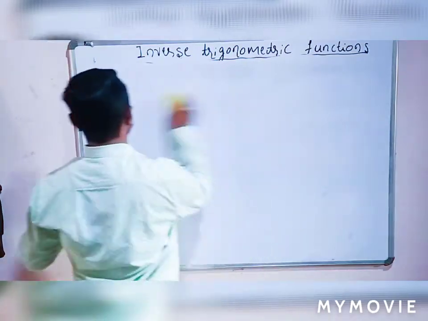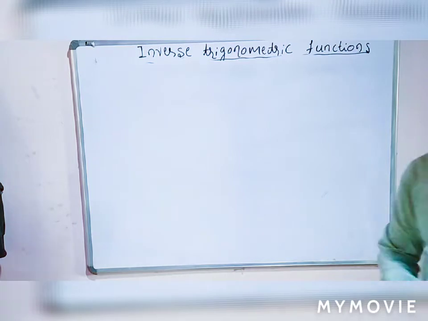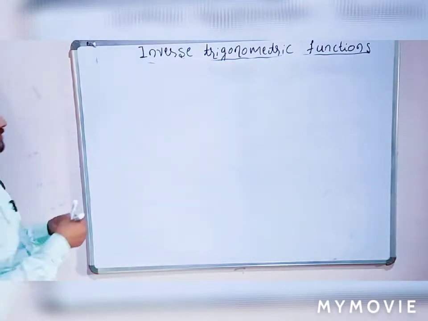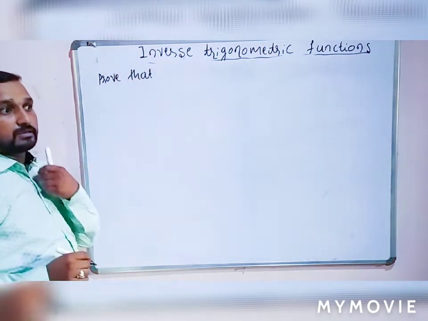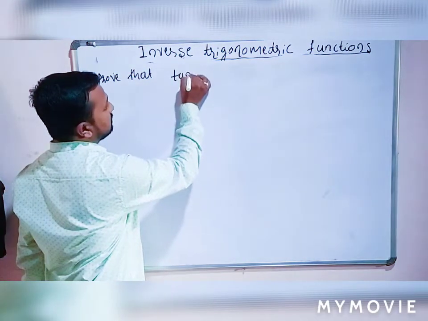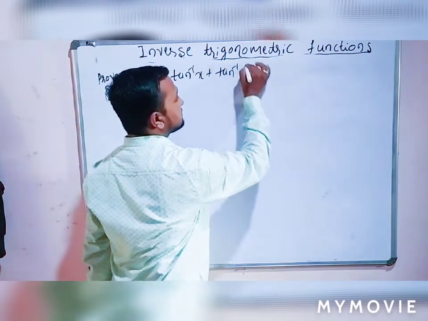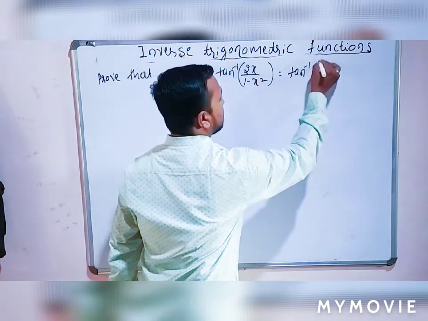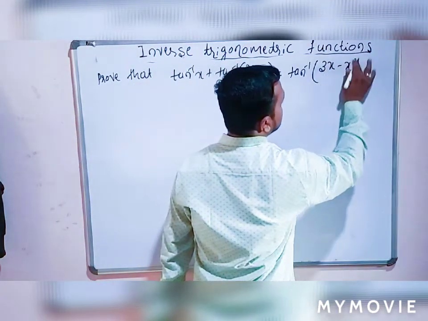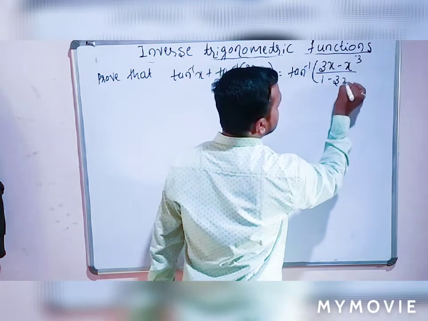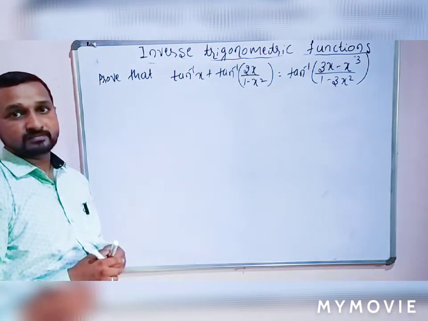Next example: prove that tan inverse of x plus tan inverse of 2x divided by 1 minus x square equals tan inverse of 3x minus x cube divided by 1 minus 3x square. So this is a very simple example.